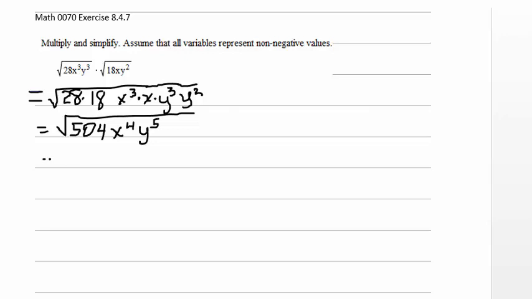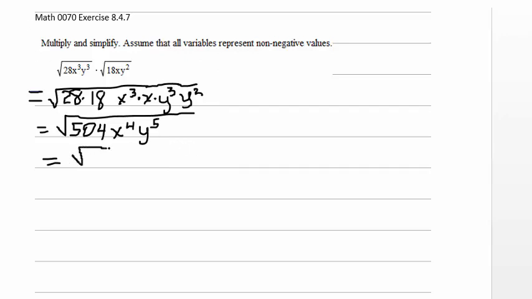All right, so we are looking for the largest perfect square factor of this radicand, 504 x to the fourth y to the fifth. And we're going to break this radical into the product of two radicals.